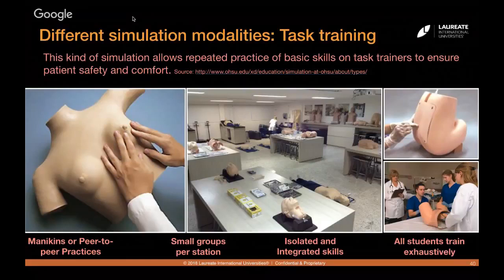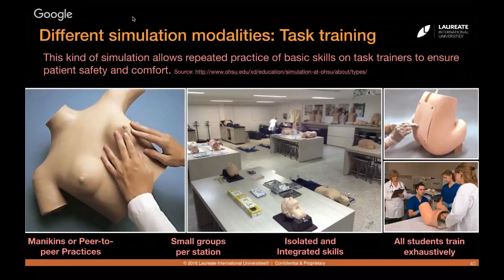The students are going to work in pairs to train, for example, anamnesis, physical examinations, and other non-invasive procedures. So we need to work in small groups per station, and we are going to train isolated or integrated skills, which is a little more complex.